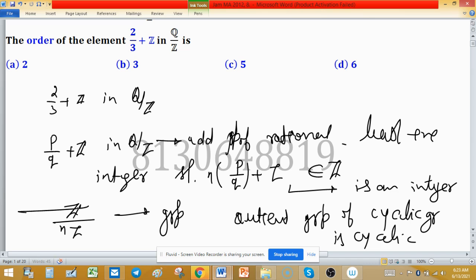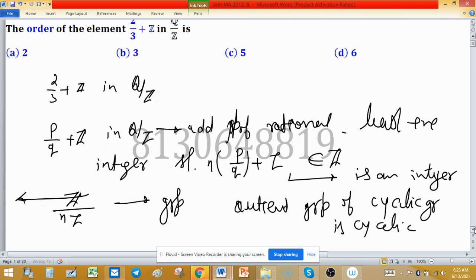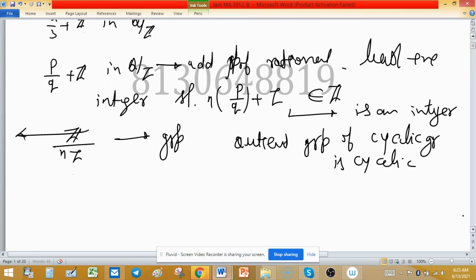This point is not used here, but we have recalled it because we are talking about quotient groups. Whenever you are trying to solve some particular problem, always try to keep in mind and recall one or two theorems or related problems to solve it.